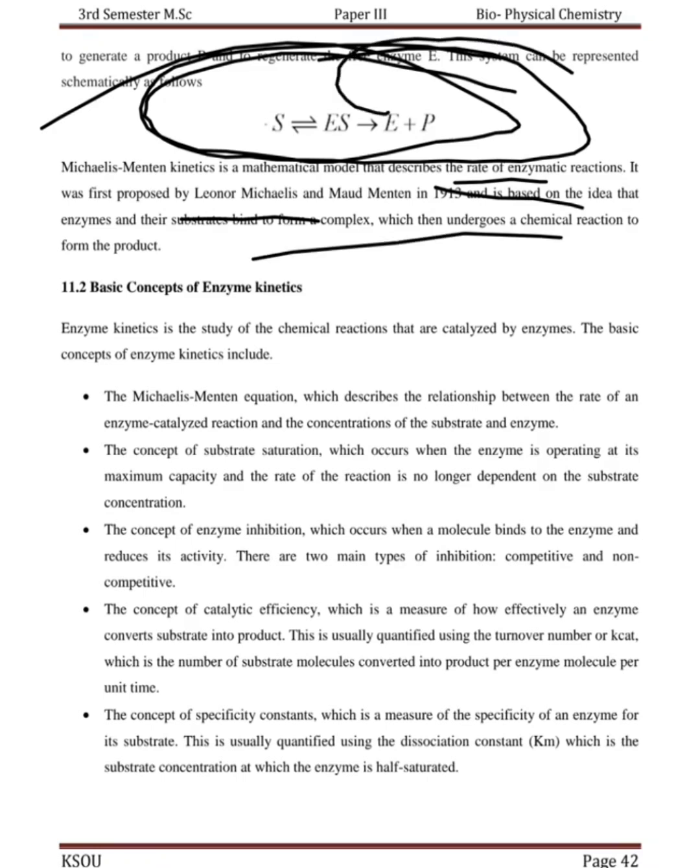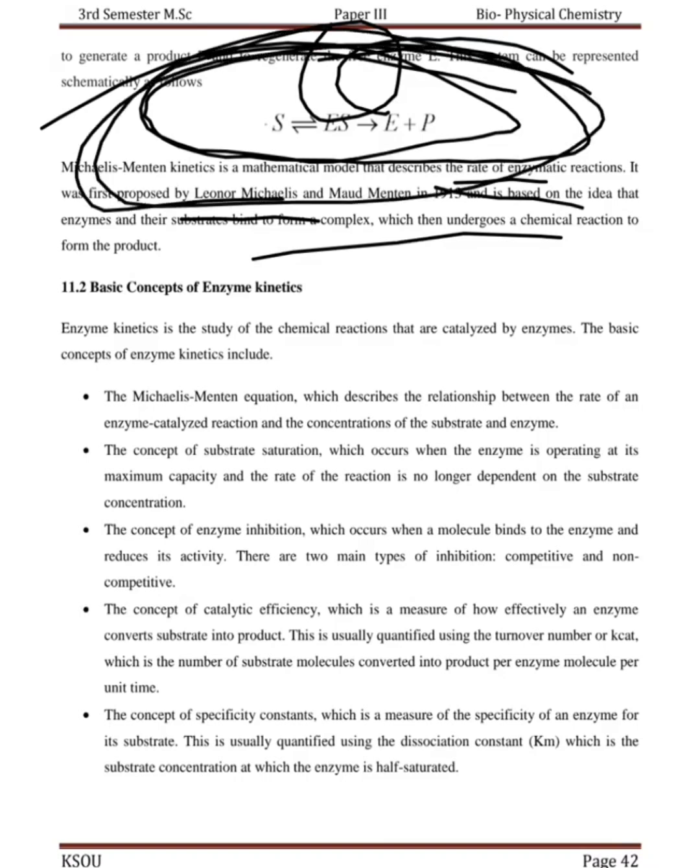It's nothing but the substrate and enzyme bind to form a complex, which undergoes a chemical reaction to form the product. So this was the theory explained by Michaelis Menten.